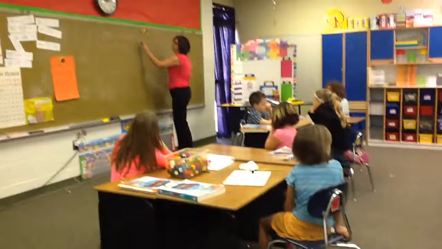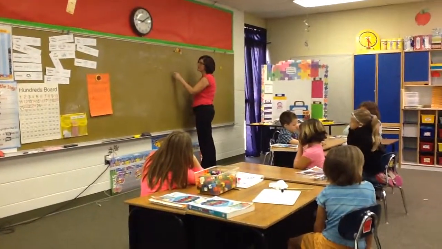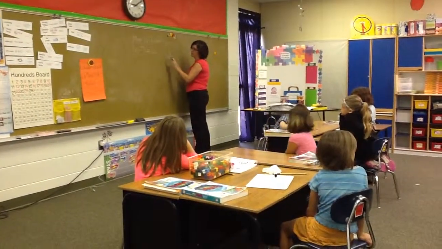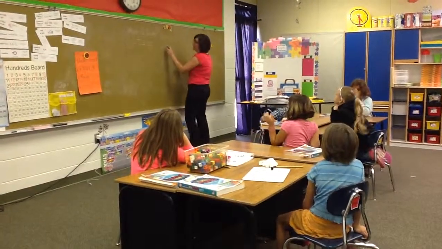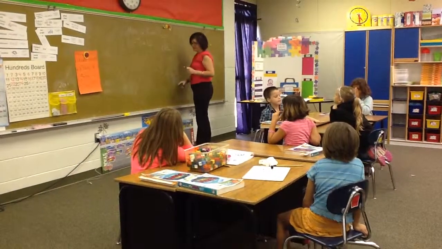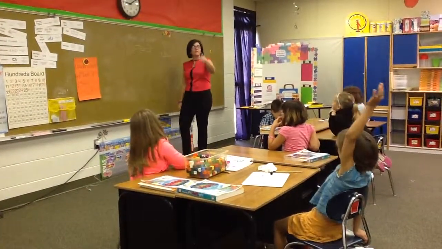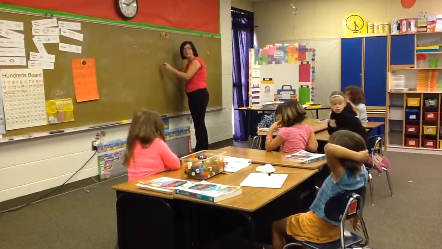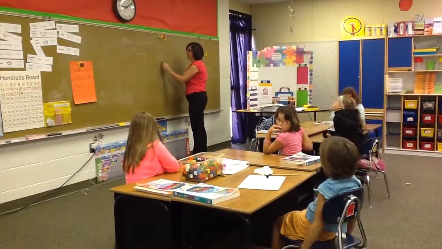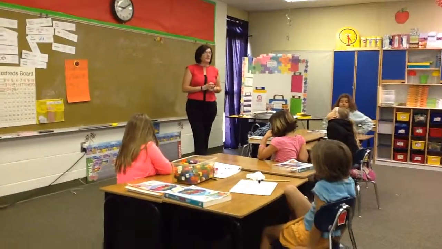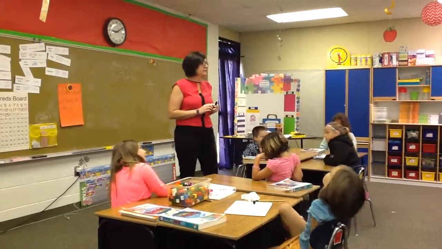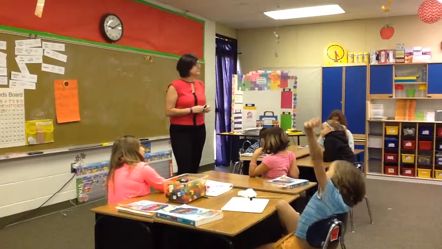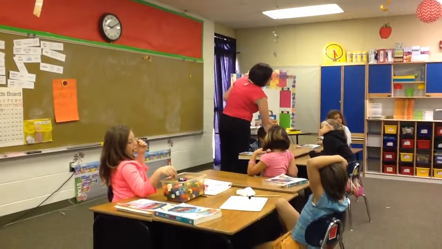So we would add 7 and 6. 7 plus 6 equals 13. Now, have I answered my question though? No. What would the next step be? Okay. 13 minus 6 equals 7.